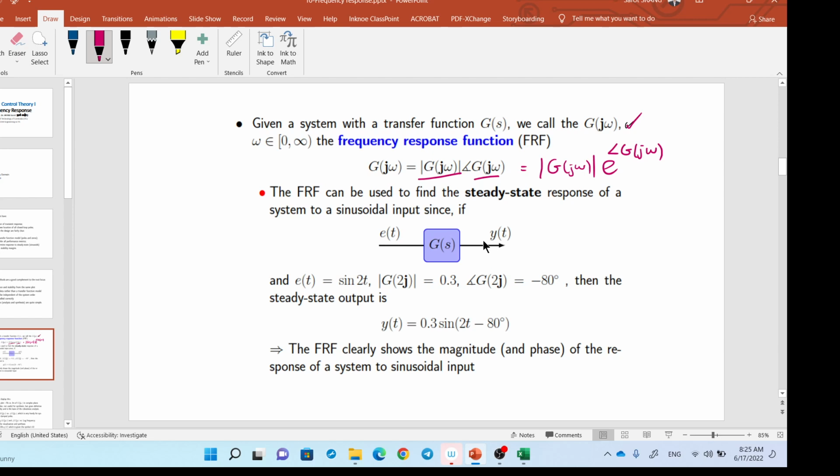The frequency response function can be used to find the steady state response of a system that has a sinusoidal waveform as input. The steady state of the output is sinusoidal as well.